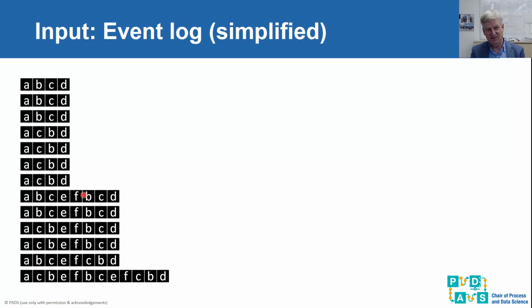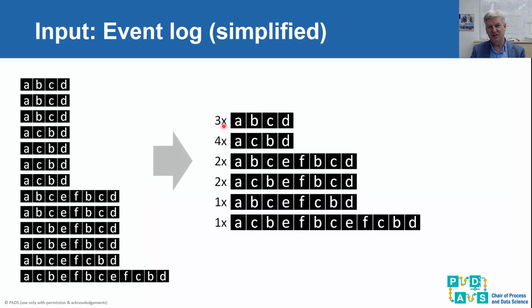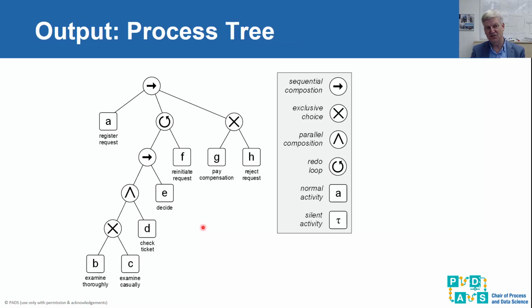But I'm using this, let's say, visually more appealing approach. There is some redundancy, so we see that certain traces are happening for multiple cases. So A, B, C, D, we will see that there are 3 cases having this pattern. So this is our input, just as before with the bottom-up approach.